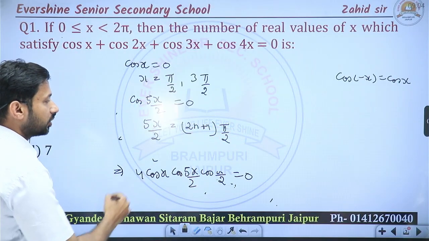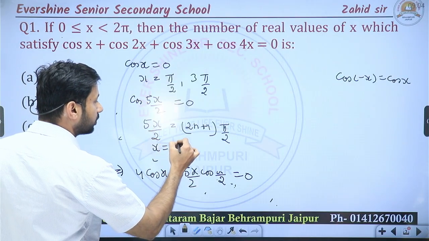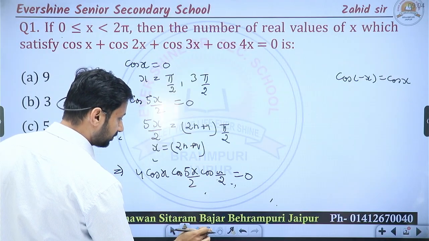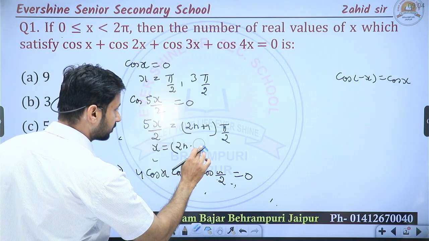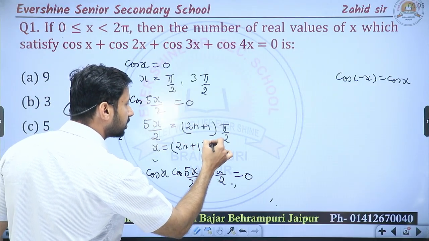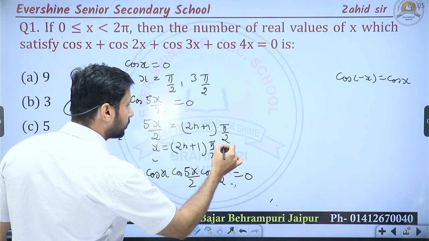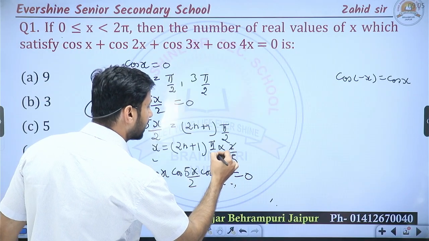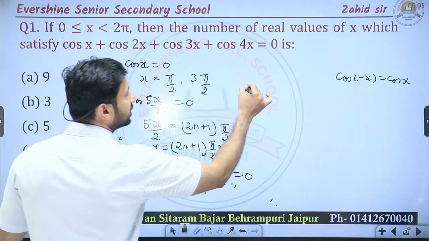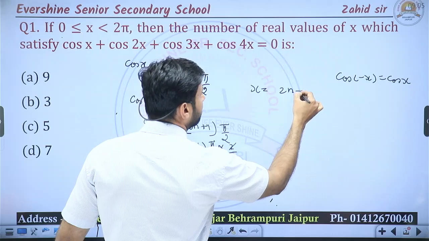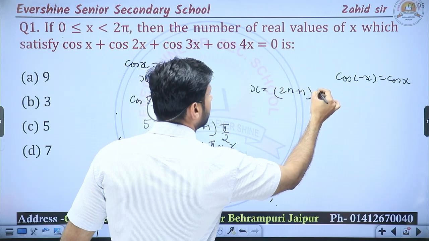Okay. So now x will be equal to (2n plus 1) pi by 2 into 2 by 5. So here 2 will be cancelled by 2. So x will be equal to (2n plus 1) pi by 5.